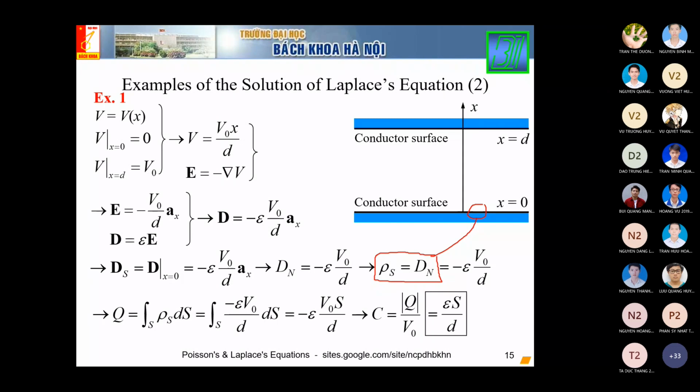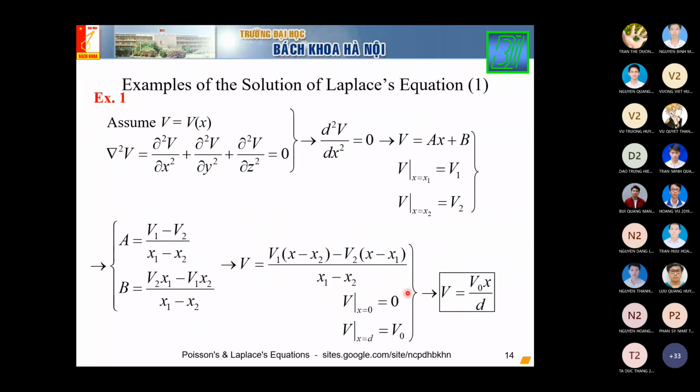I don't understand why the formula of V equals V0x over d. This one? On the right. Yes. Are you talking about this? Yes. This one is the solution of the previous page. Here you are. V is V0x over d.